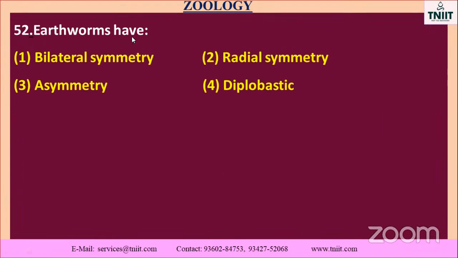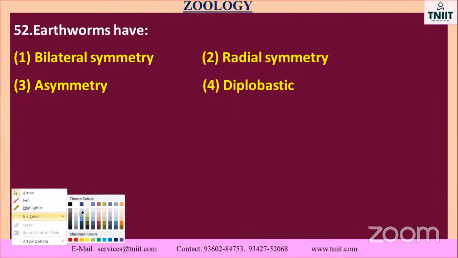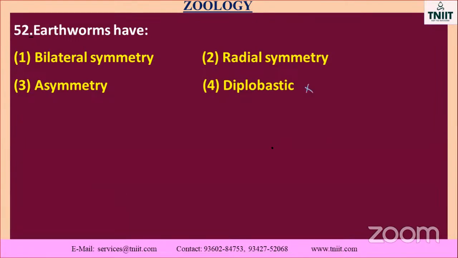Go to 52. The earthworm has, as you already know, triploblastic, not diploblastic. Triploblastic means there are three layers: ectoderm, mesoderm, endoderm. Radially symmetrical, we cannot split like this, so it will not come.